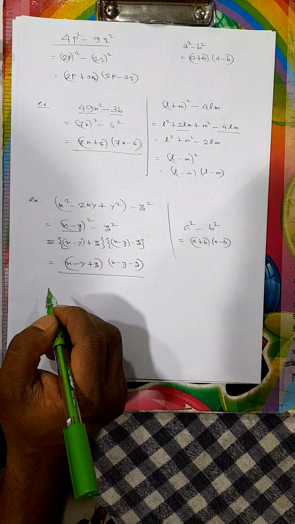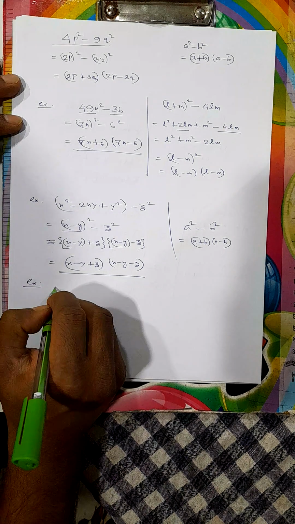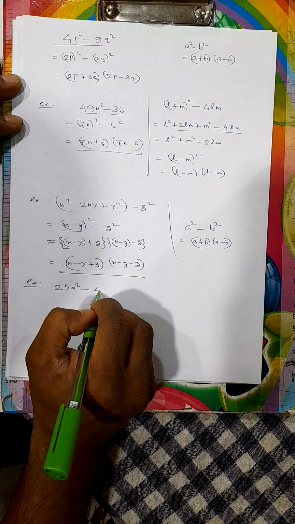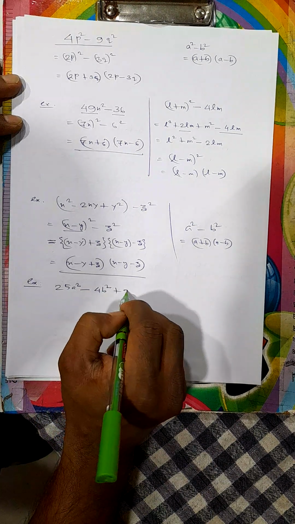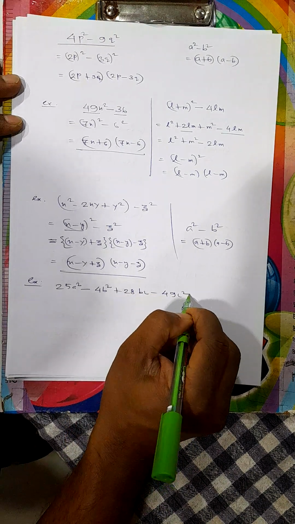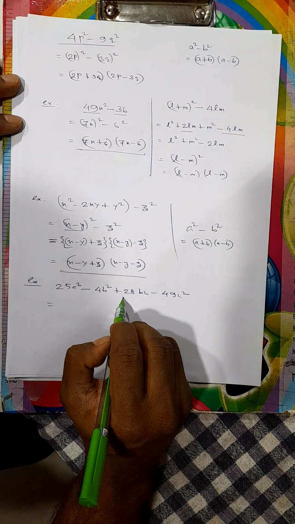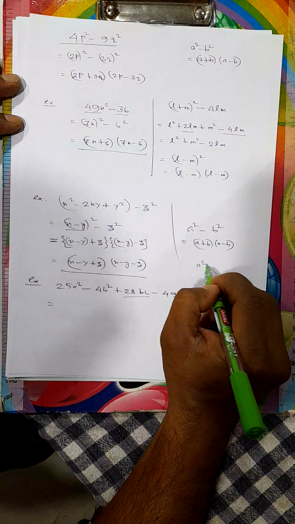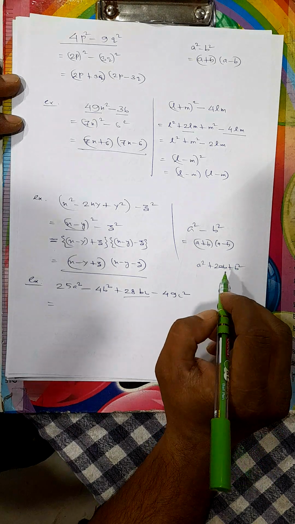And we will do one more example here. So it is 25a square minus 4b square plus 28bc minus 49c square. Now you see this term, it looks like twice ab, like a square plus twice ab plus b square, right?